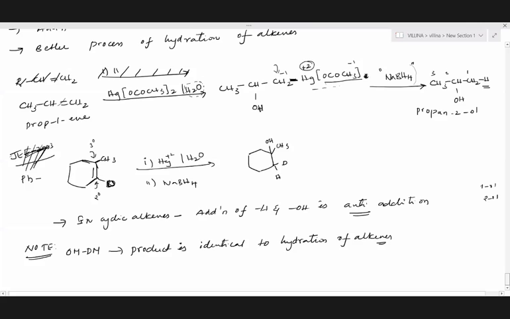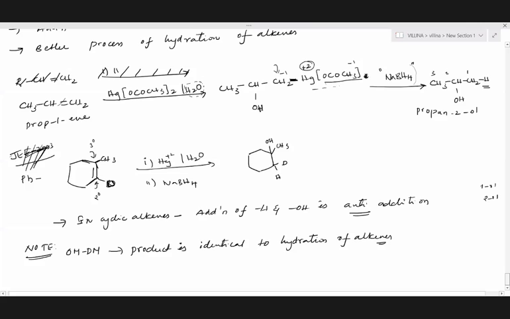Whatever product we get from this oxymercuration demercuration reaction is identical to hydration of alkenes. So no change. Whatever we get by normal hydration using acid as catalyst, here also we will get the same thing. Only thing is the yield will be higher. This is a better hydration reaction than the normal acid catalyzed reaction.